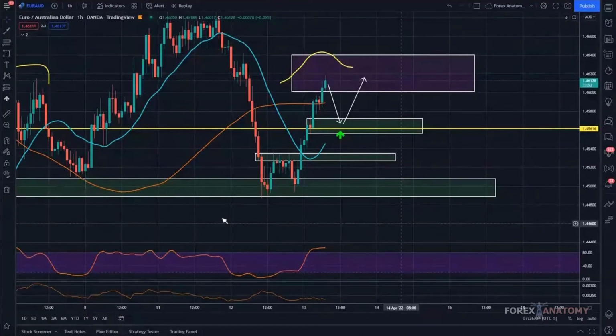Good morning, everyone. I was just going to briefly explain that right now we see this technical setup forming where we're looking to buy the euro versus the Australian dollar. But at some point, the underlying fundamental catalysts behind why this currency pair is trending the way it's trending and why it's been sliding lower, we still have to see that play a huge role in the grand scheme of things.